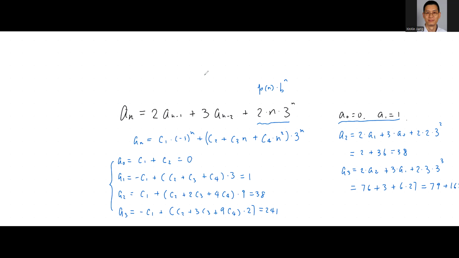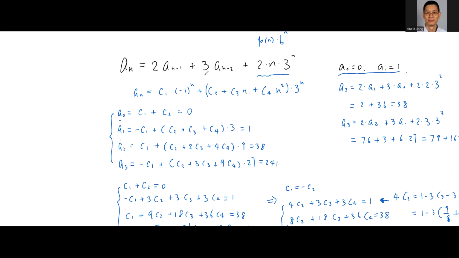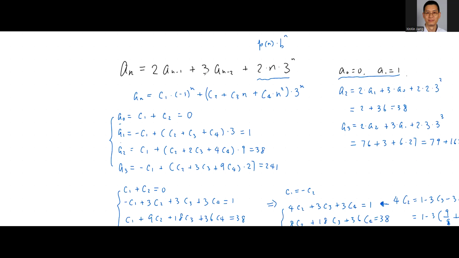But in order to solve the system of linear equations, which has like 4 unknowns here, you need to generate more terms, more values of a sub n, to have enough information to solve for the coefficients, C1, C2, C3, C4. And sometimes it's a little bit more involved if you want to solve a large system of linear equations. But theoretically, it's pretty clean.